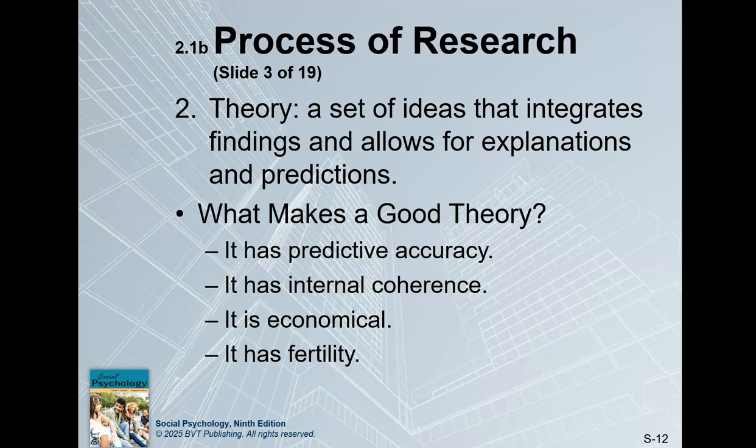Okay, so number 2 here says when we build a theory, that's comprised of a set of ideas that integrates all the findings and allows for explanations and predictions to occur. So the researcher gets a whole bunch of ideas and information from various resources.